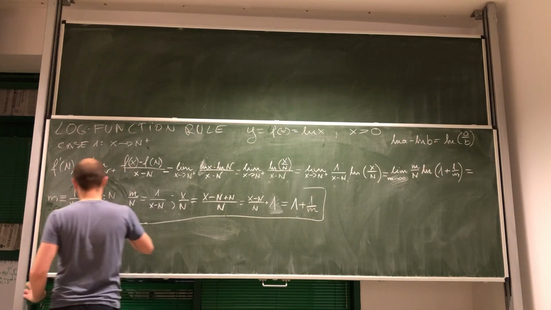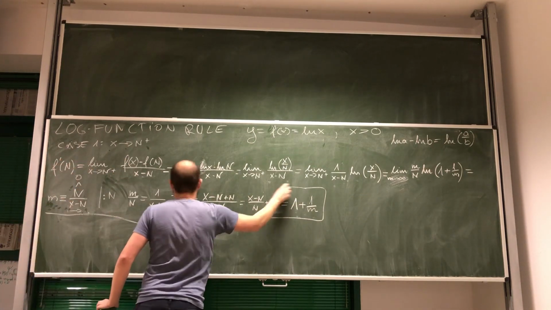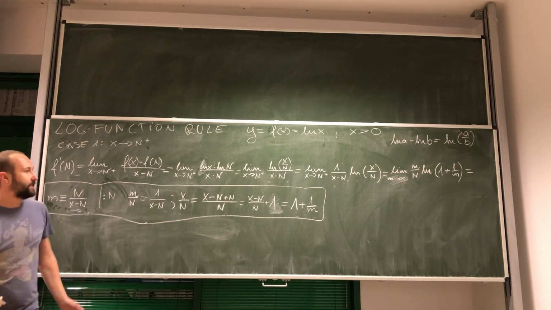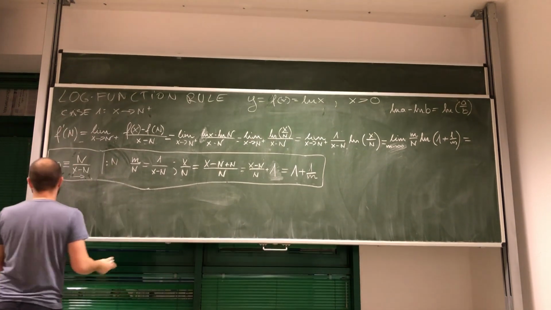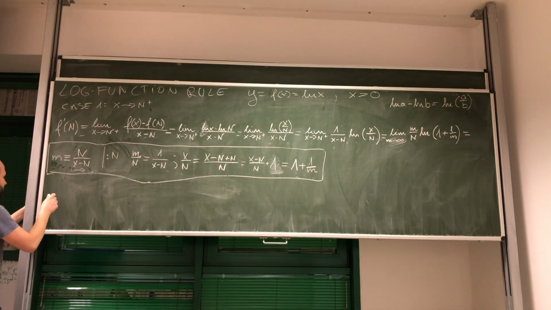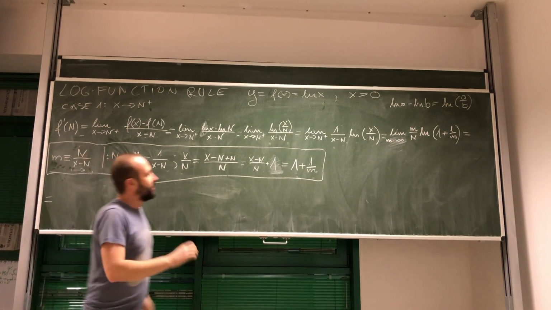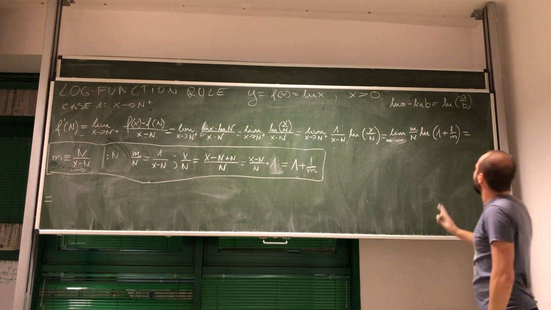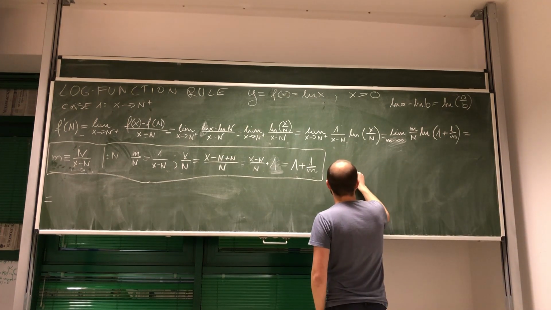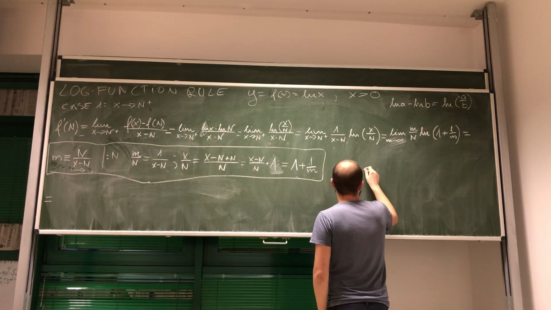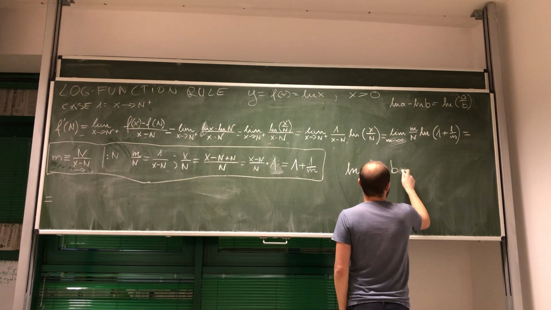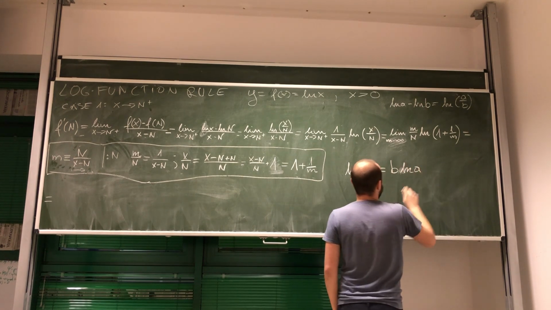Okay, so now let me carry on a little bit lower here. And let's figure out what else we can do with the expression that we've got over there. Look, I hope you remember another rule about logarithms. We said that ln a to the power of b is the same as b times ln a.